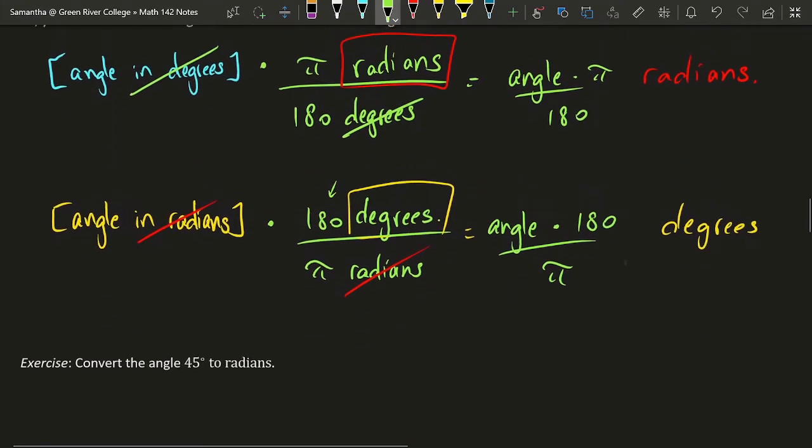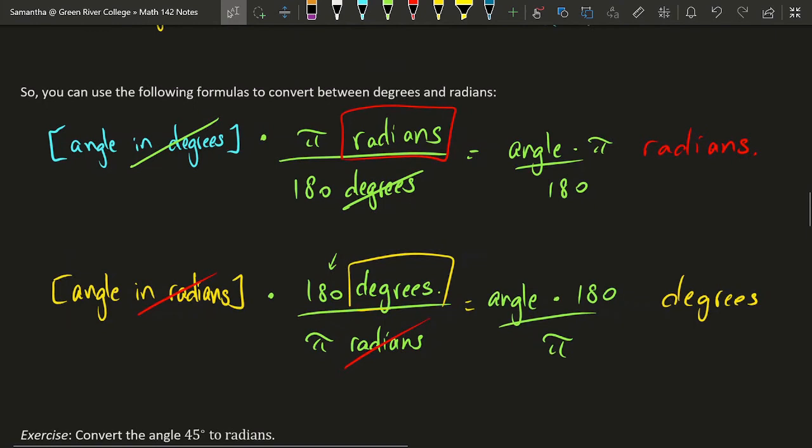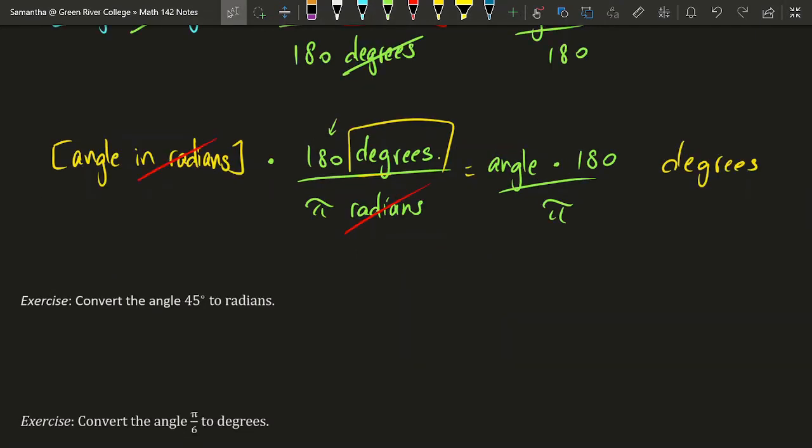This would be the angle in units of degrees this time. So if you want to convert from an angle in radians to an angle in degrees, multiply the angle by 180, divide it by pi, and this will be your angle in degrees.